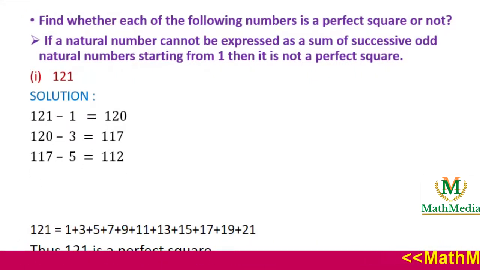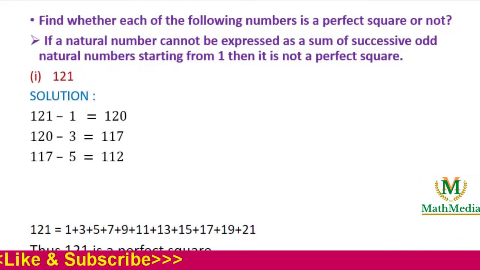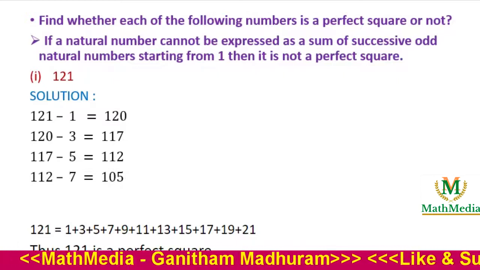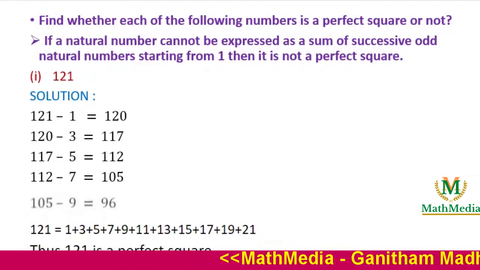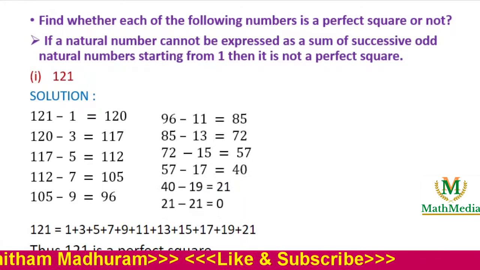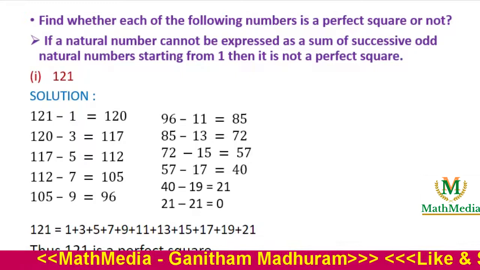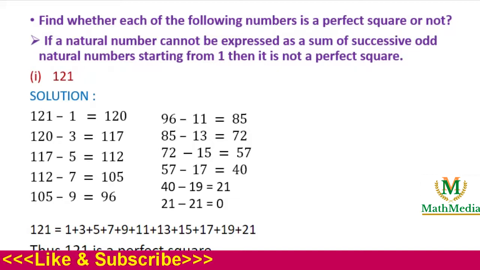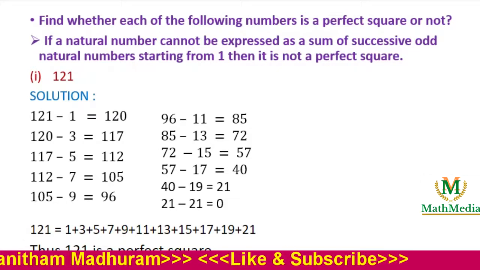117 minus 5 equal to 112. Now we subtract 7 from 112, we get 105. Next odd number is 9. We subtract it from 105, we get 96. Then 96 minus 11, 85. And 85 minus 13 equal to 72. Next odd number is 15.